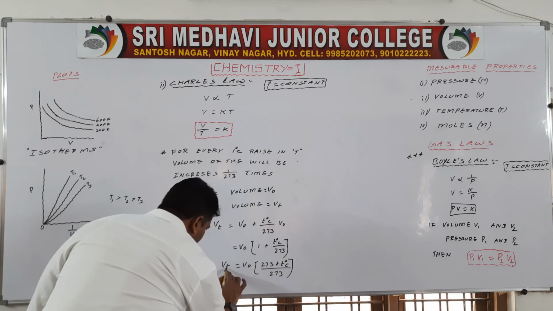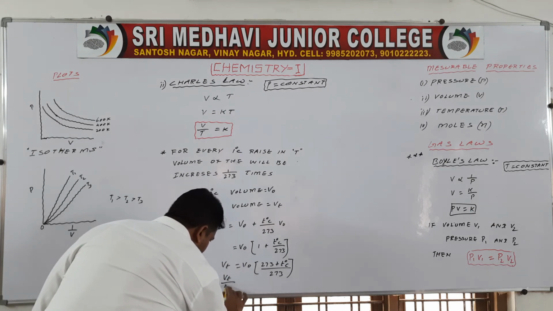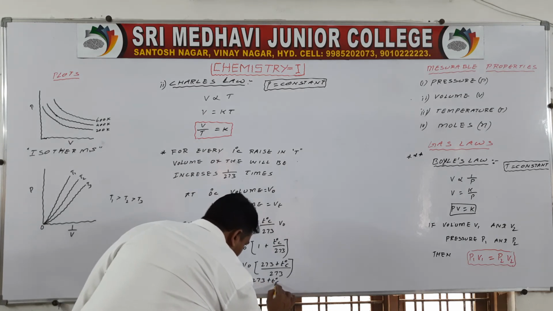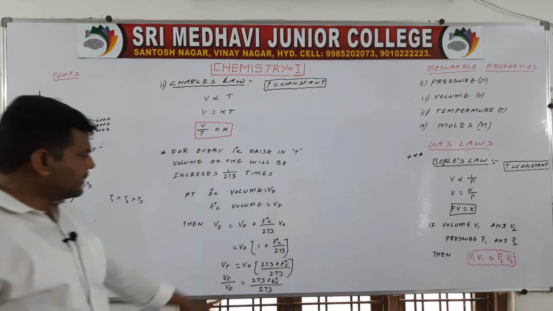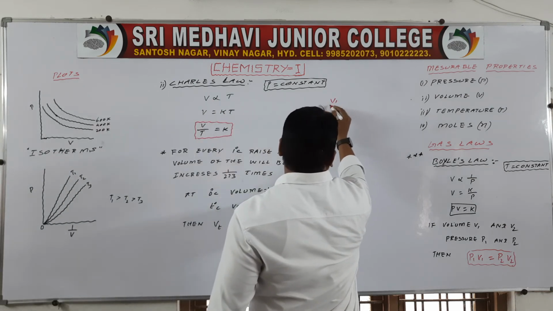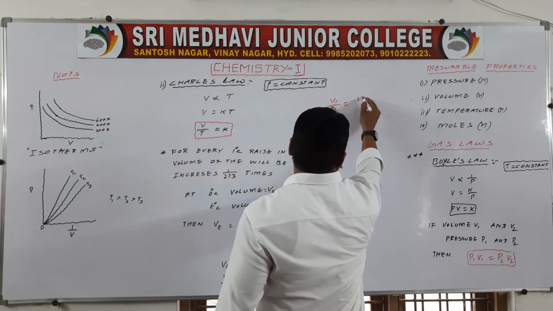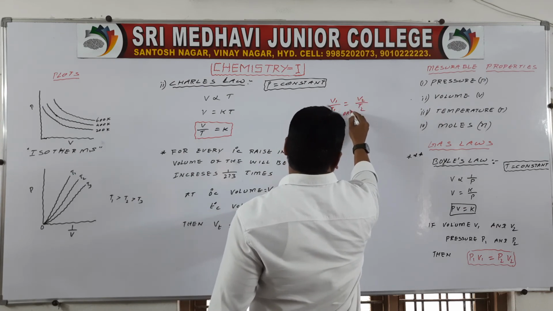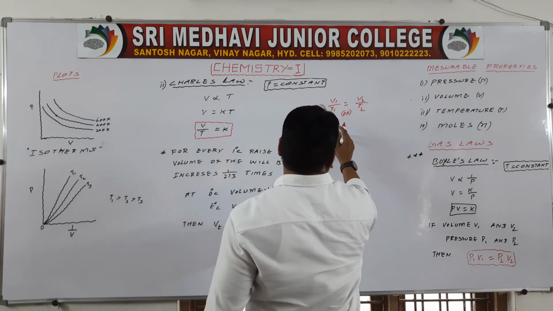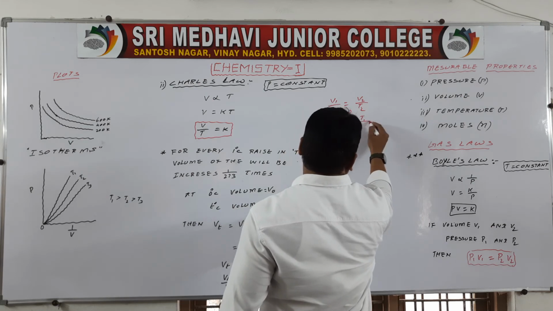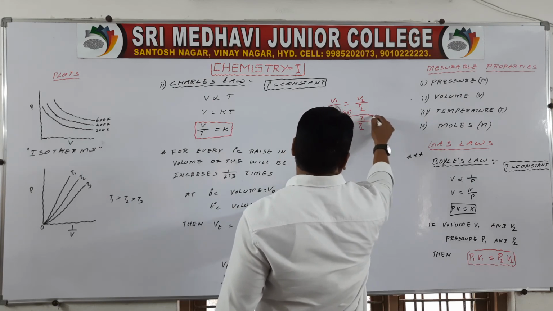Then Vt by V naught equals 273 plus T by 273. On comparing this, we get V1 by T1 equals V2 by T2, or V1 by V2 equals T1 by T2.